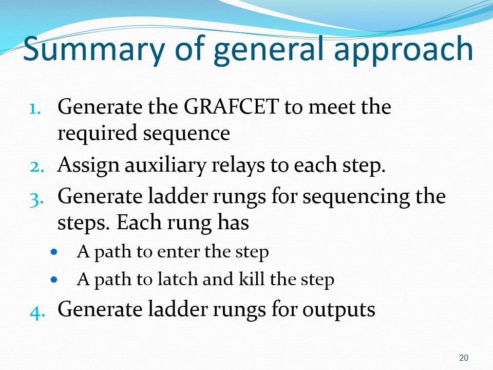Generate ladder rungs for sequencing the steps. These rungs will determine the states of the internal memory bits. Each rung has a path to enter the step and a path to latch and kill the step. 4. Generate ladder rungs that are used to switch the outputs of the system.